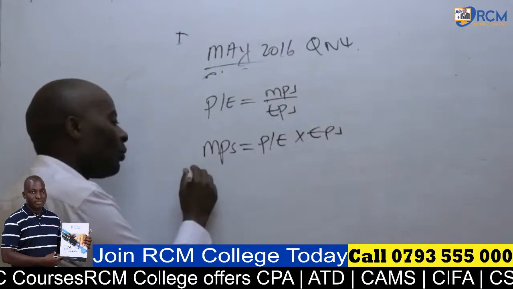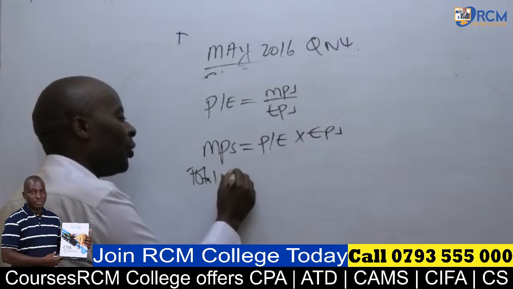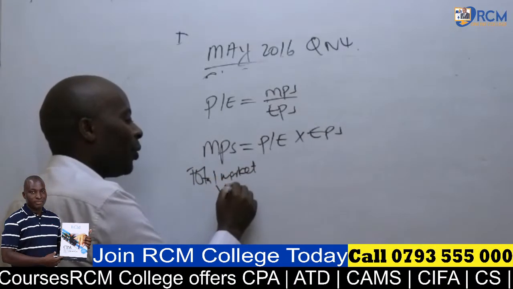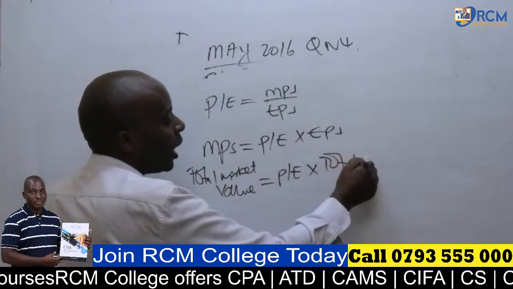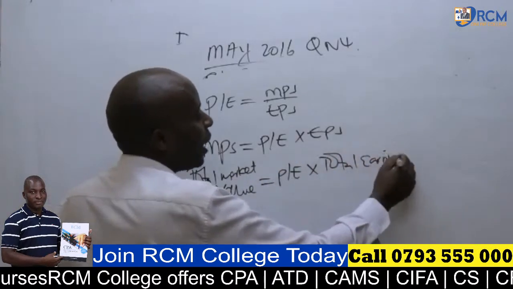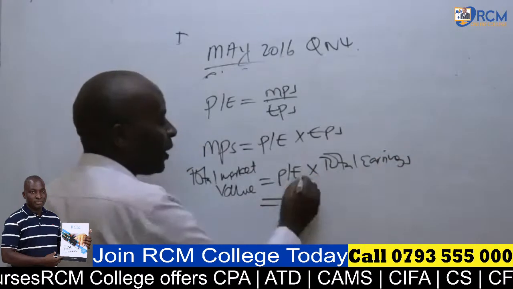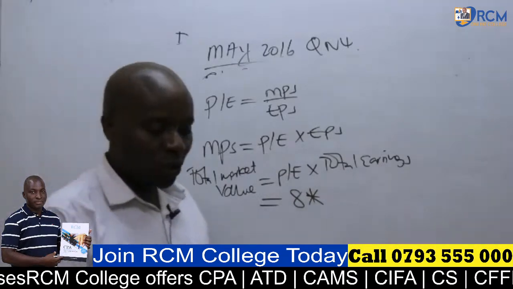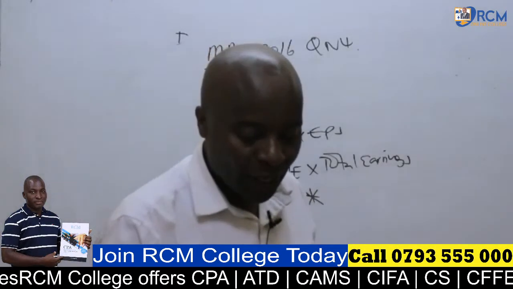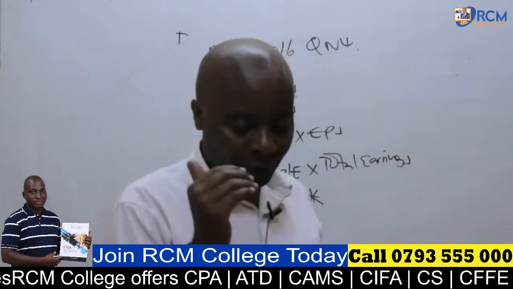So in terms of totality, total market value will be equal to PE times total earnings. The PE ratio has been given as 8 times the total earnings that we envisage to realize as a firm.